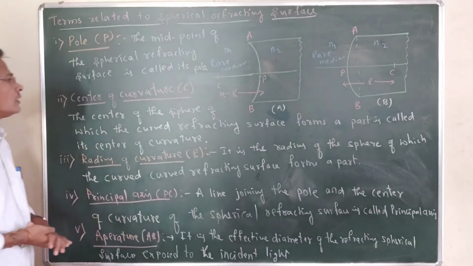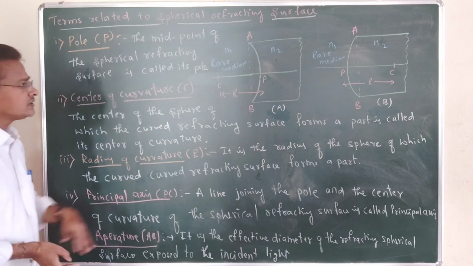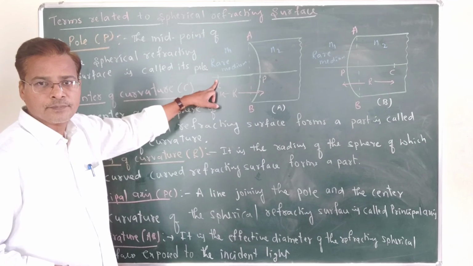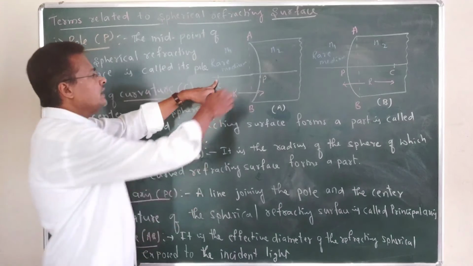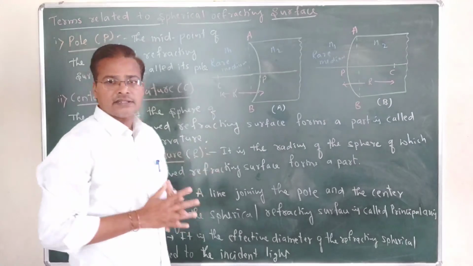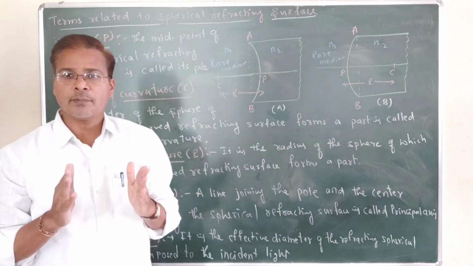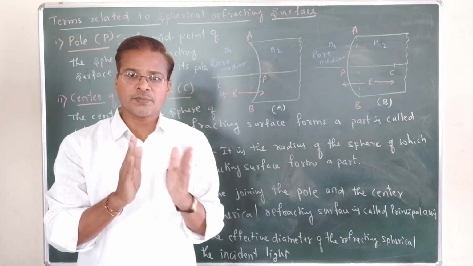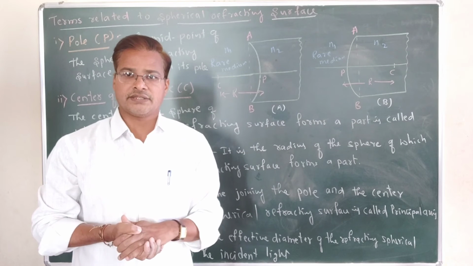Now we will see the center of curvature. This is what we call C. This spherical refracting surface is a part of a sphere. That part of the sphere is called the spherical surface.